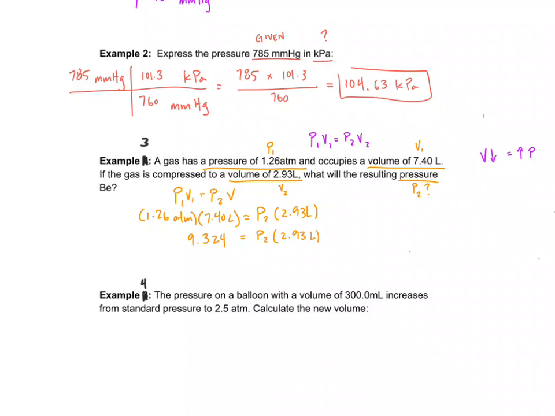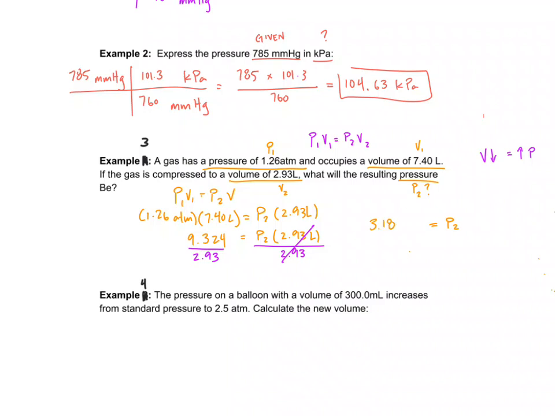So I want to get P2 by itself, so I need to do the opposite operation, which is to divide both sides by 2.93. That means this cancels on the right, and P2 is equal to 9.324 divided by 2.93, which gives me 3.18 approximately.